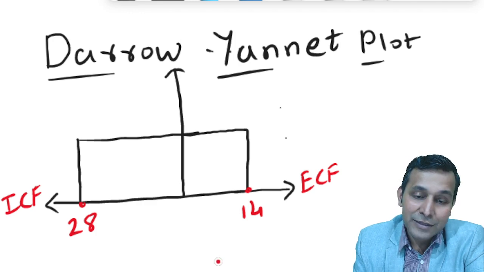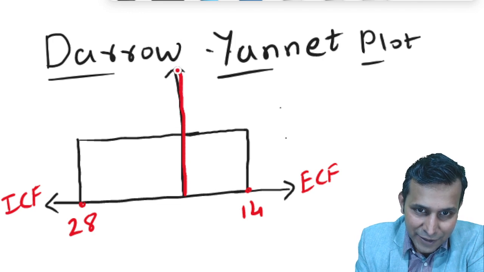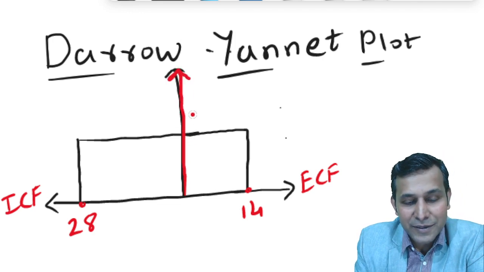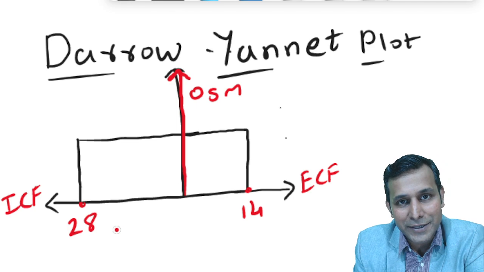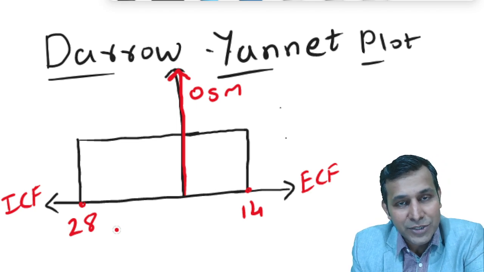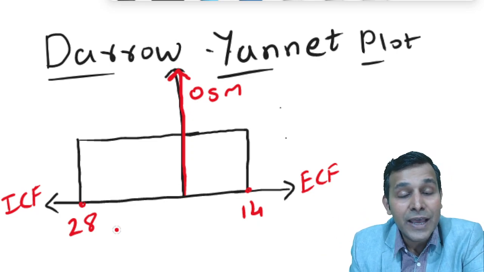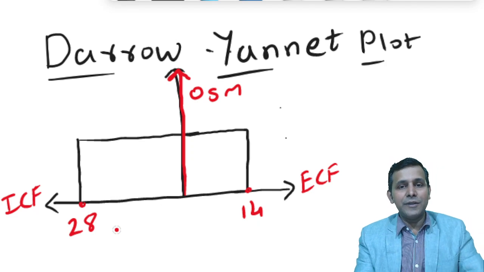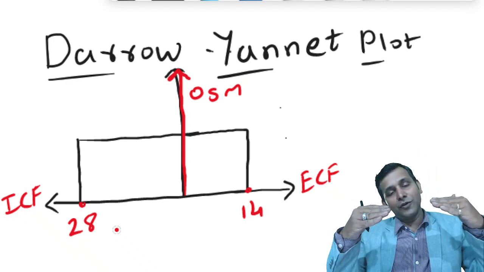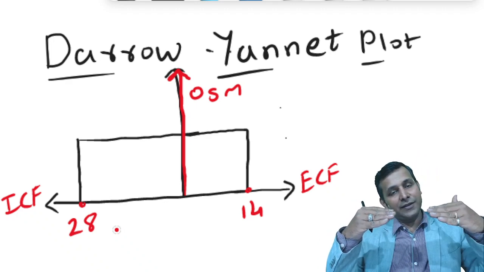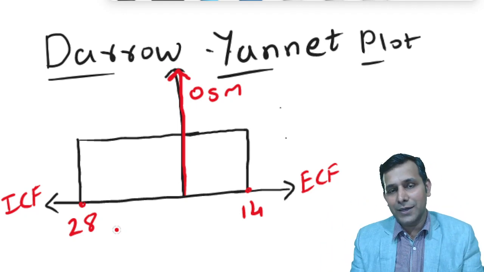First part. Second part, the height. The y-axis represents the height, and this represents the osmolarity of the body fluids. Under normal conditions, under equilibrium, the osmolarity of ECF and ICF always equilibrate. Whatever is the osmolarity of the ECF, the same goes with the ICF, because water moves freely in both compartments.